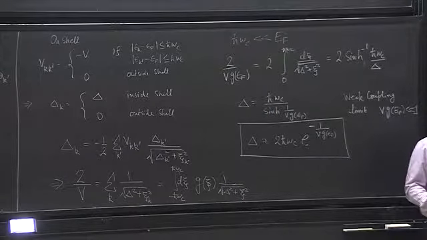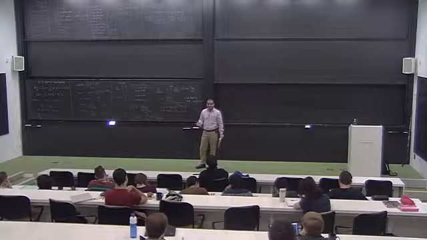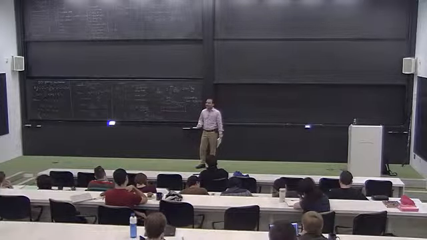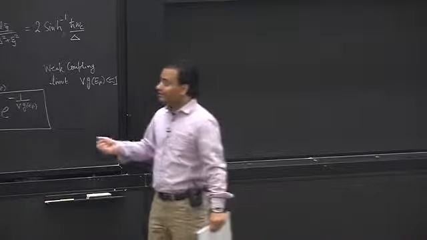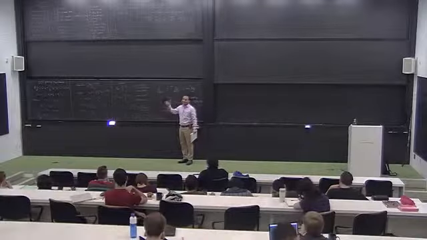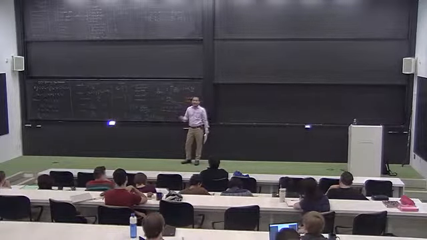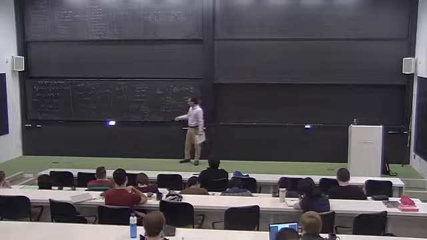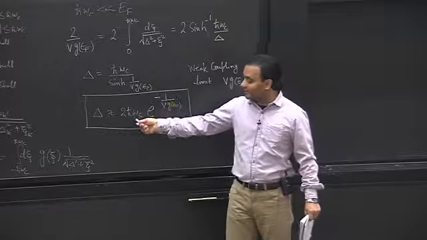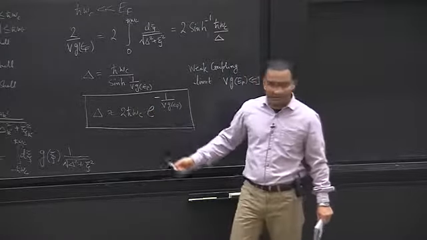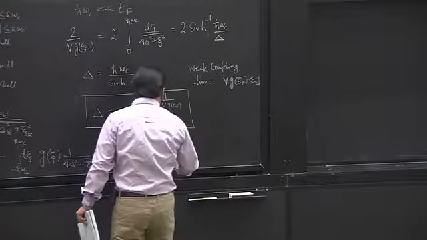So we start with an assumption that there is a small window of energy over which we have attractive interactions between electrons, and then we use the variational ground state, and what we find is that a new energy scale emerges in the problem. This new energy scale delta is much smaller than the energy scale ħω_c. So now we have three energy scales in the problem.